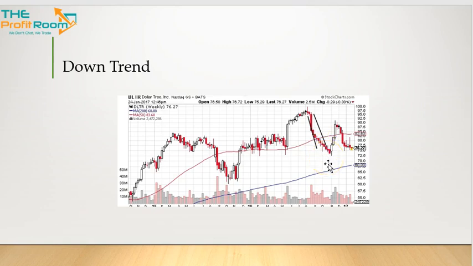But the main idea you want to get from these charts is understanding the trend. When technical traders notice a shift in movement, that's when you decide to sell the stock because you don't want to get caught up in this selling pressure.